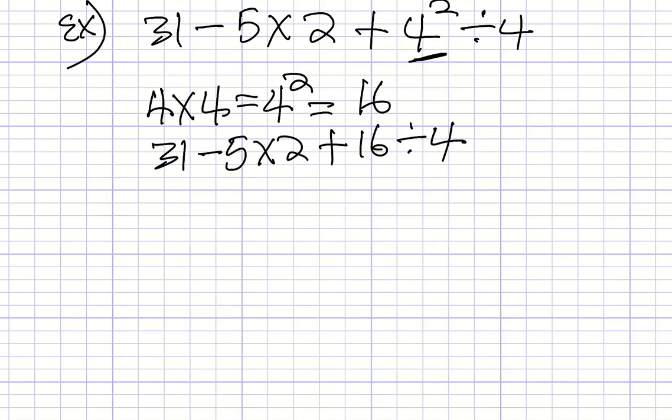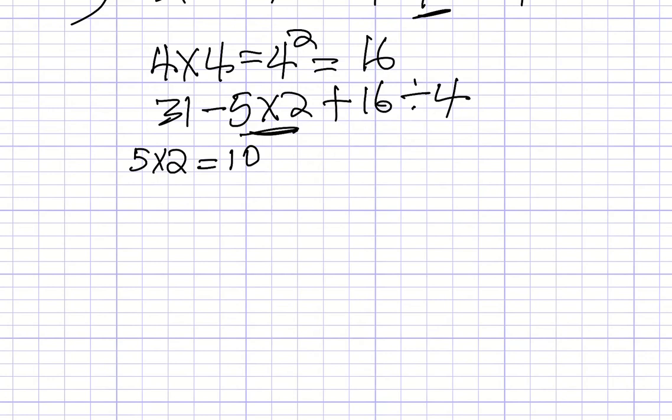We'll keep going left to right. What is the next thing to do? You don't do the subtraction. Going from left to right, you do the multiplication right here. 5 times 2 is 10. So you write the problem: 31 minus 10 plus 16 divided by 4.